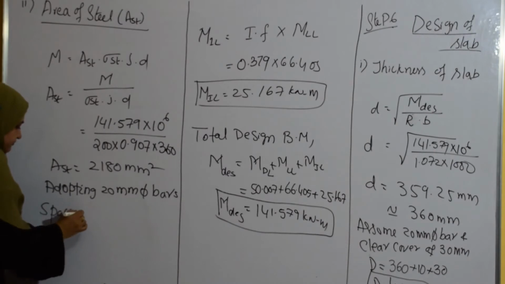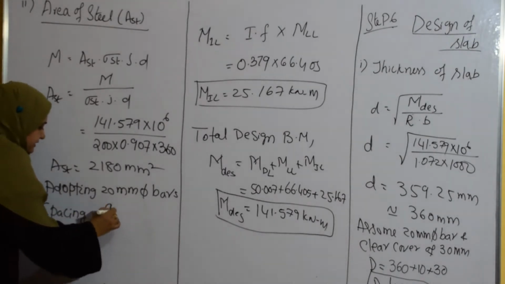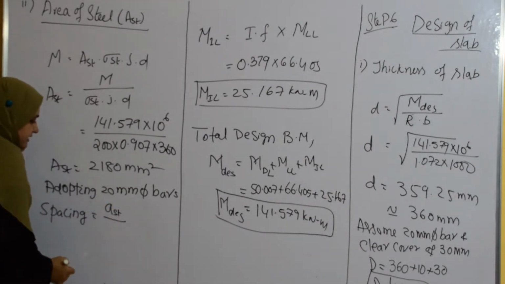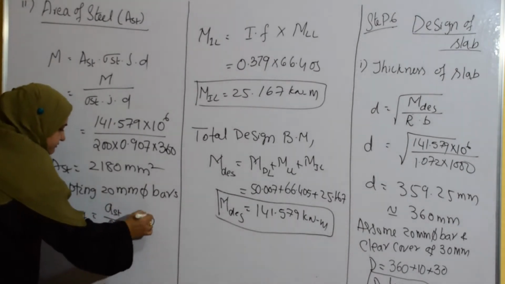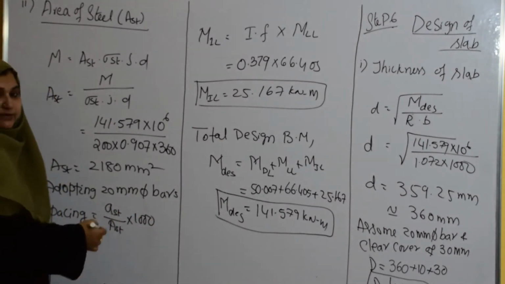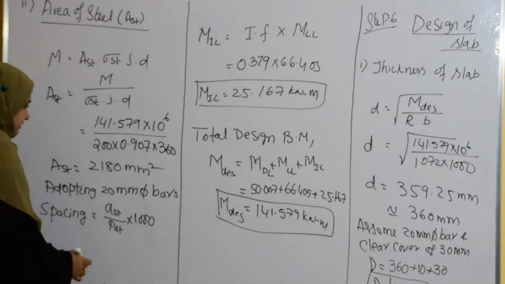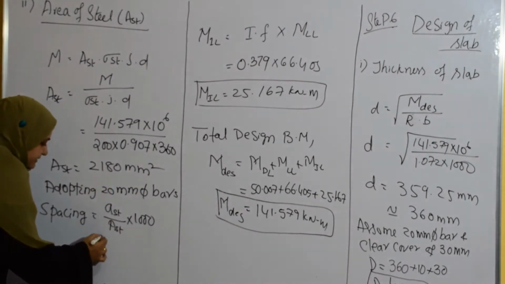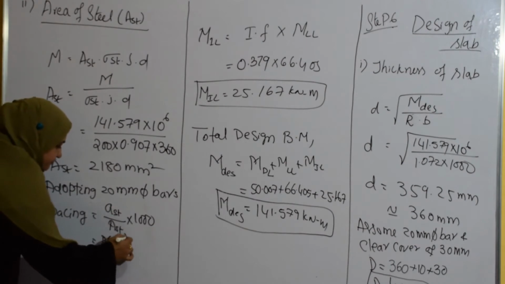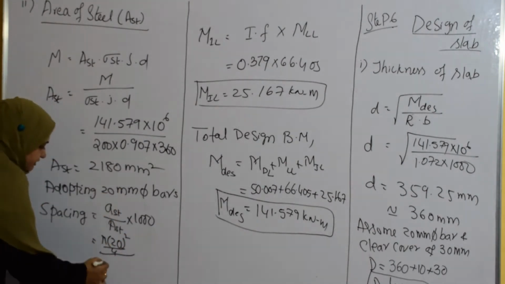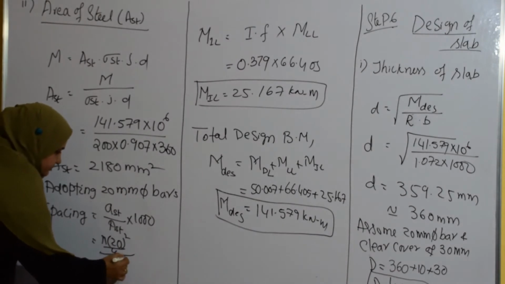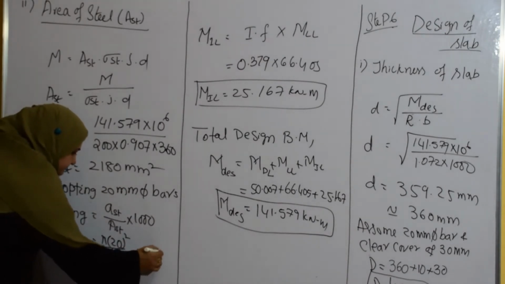Spacing is equal to, if you remember the formula, area of 20 mm dia bar by total area of steel. It is in 1 meter length, so we have to multiply with the 1000 for 1 meter width. So it's 20 mm dia bar, so pi d square by 4 divided by capital AST, just now we have calculated, 2180, into 1000.